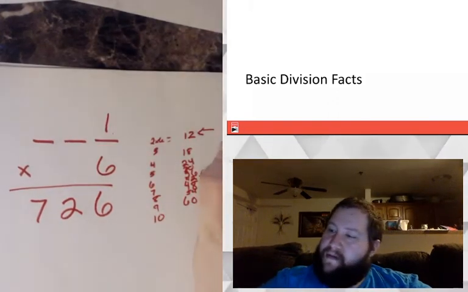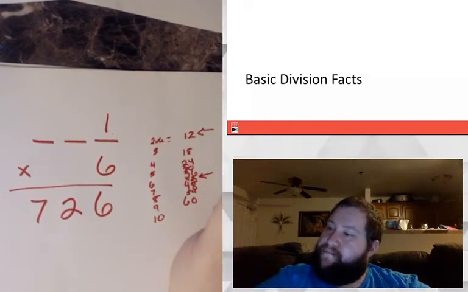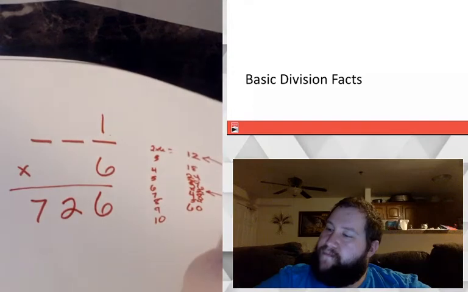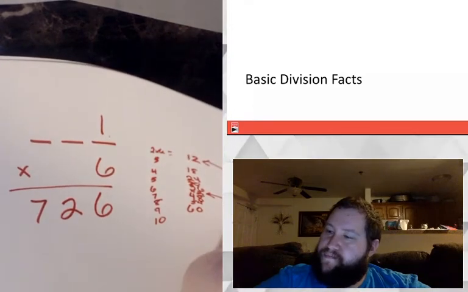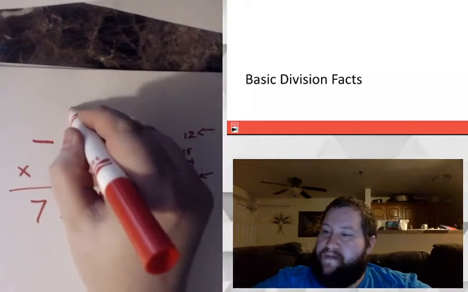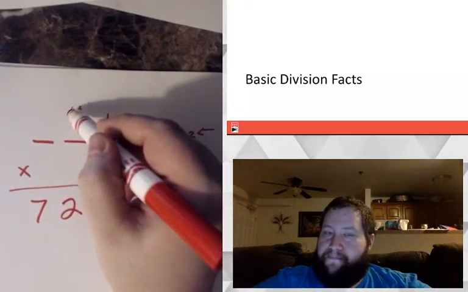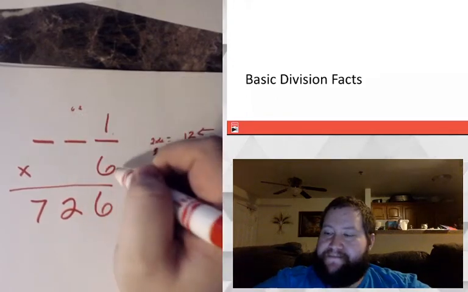So this is either going to be a 6 or a 2. Will it be a 6 or a 2? Well, if this is 6, six times 6 is 36.